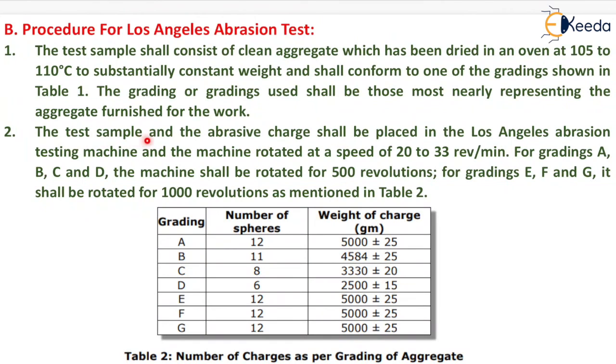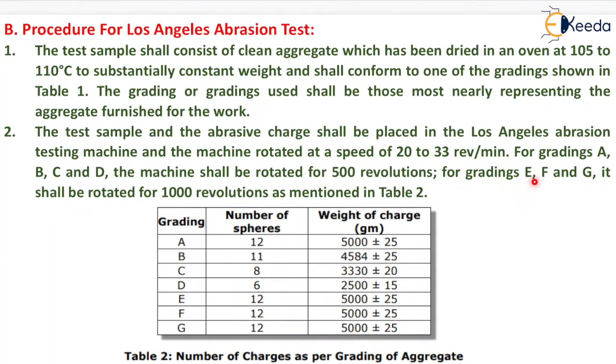The test sample and the abrasive charge shall be placed in the Los Angeles abrasion testing machine and the machine rotated at a speed of 20 to 33 revolutions per minute. For grading A, B, C and D, the machine shall be rotated for 500 revolutions.